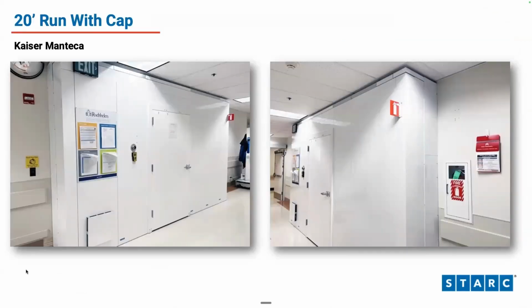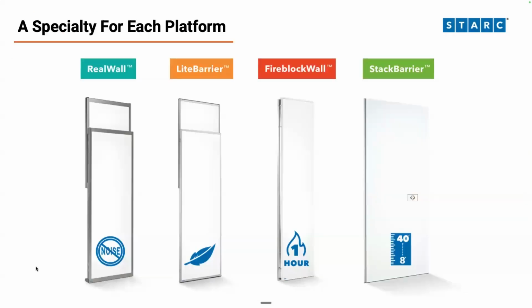So here's a live example at Kaiser. And so this is a bump out, which they bumped out from an existing fire rated wall. And you can see the cap just ties back right into that wall. So really, it's not a one size fits all solution. And that's why we offer the 3 platforms for healthcare environments.